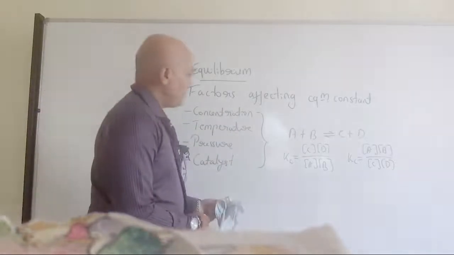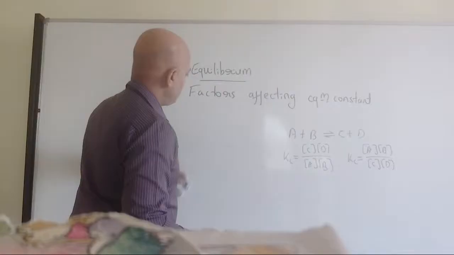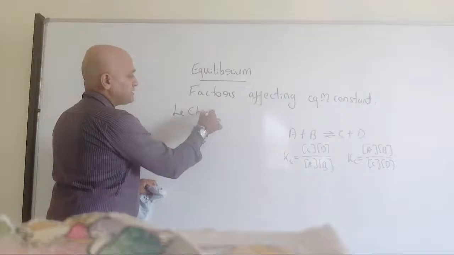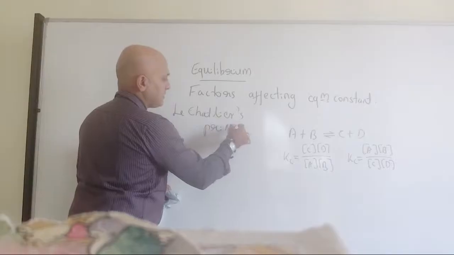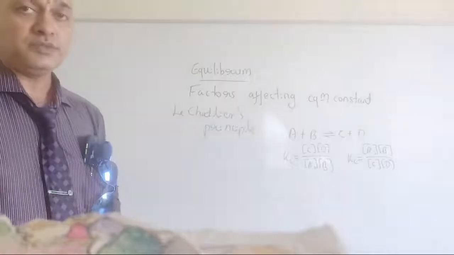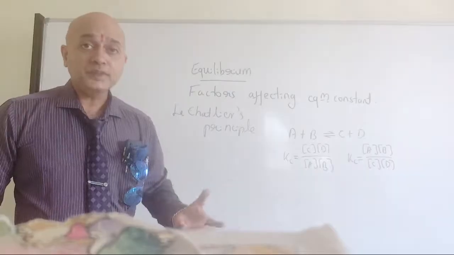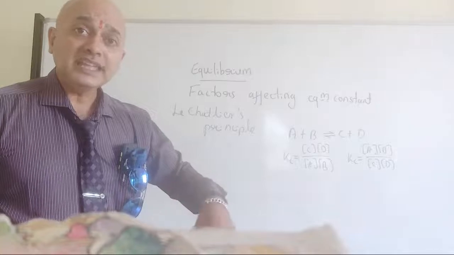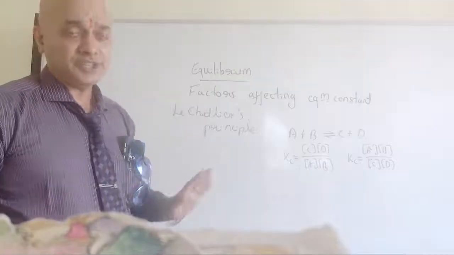Therefore, we have a principle which is called Le Chatelier's principle. What does Le Chatelier's principle talk about? It tells that by altering the condition, when we disturb the equilibrium, the system will try to attain a new equilibrium to nullify the impact of this alteration.